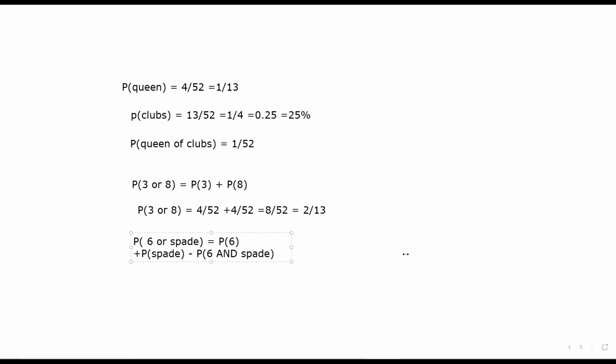So the probability of 6 or spade is equal to 4 out of 52 plus 13 out of 52 minus 1 out of 52.